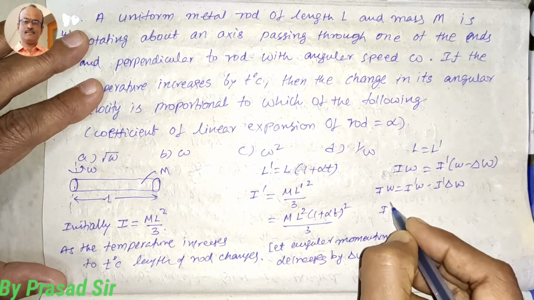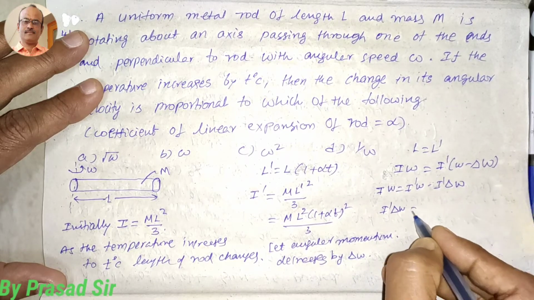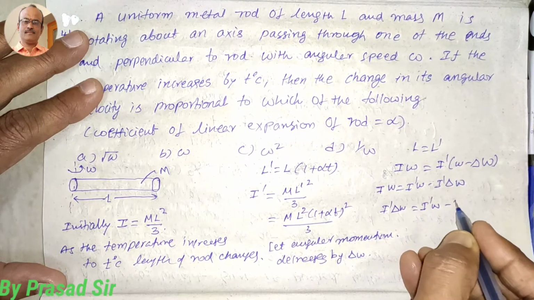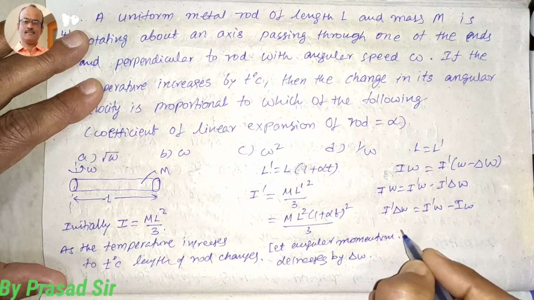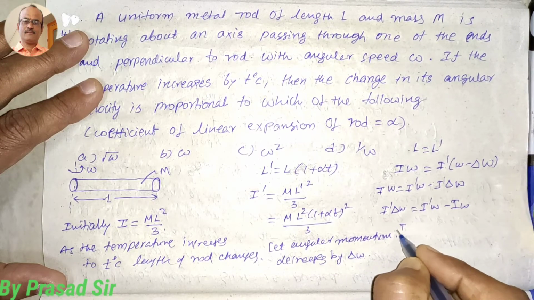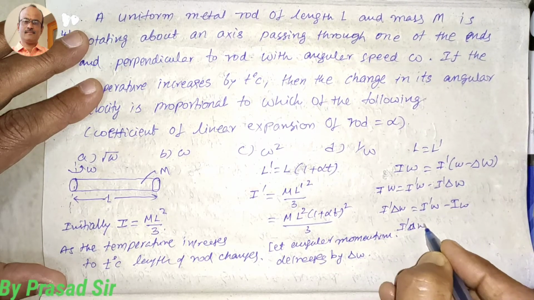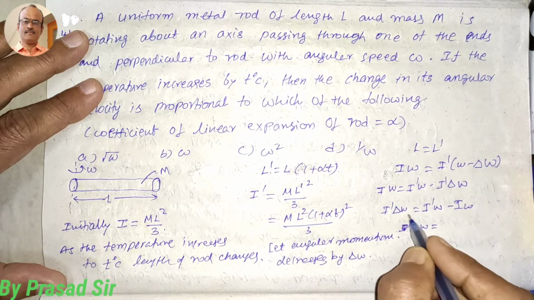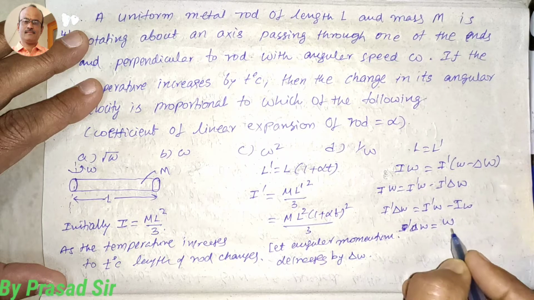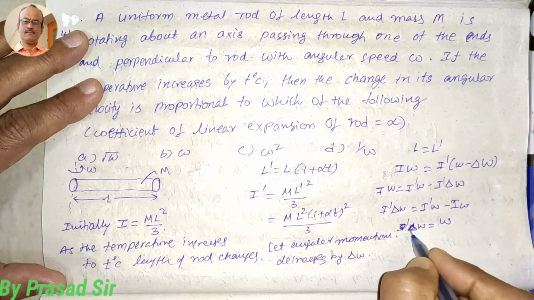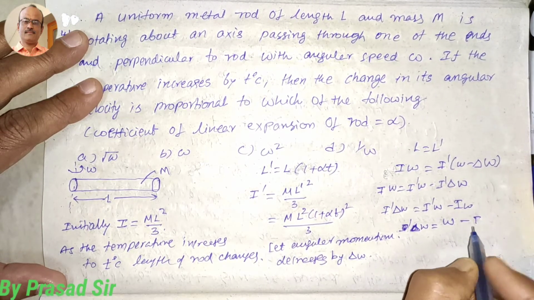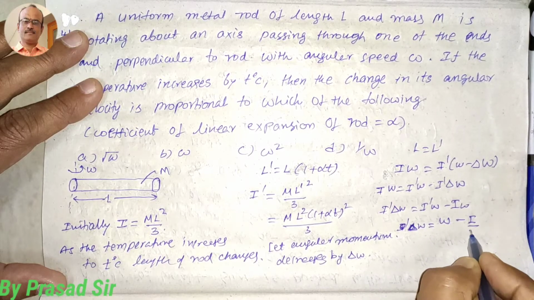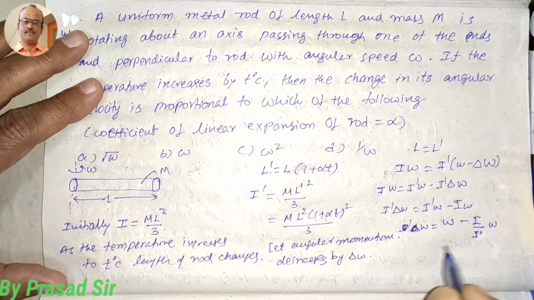Now I dash delta omega comes to this side, and I dash omega minus I omega. So I dash delta omega is equal to I dash omega minus I omega, so delta omega is equal to omega minus I divided by I dash times omega.